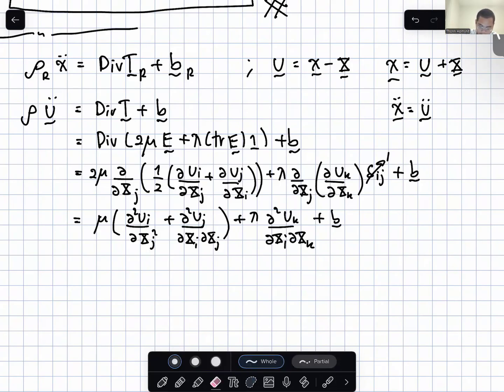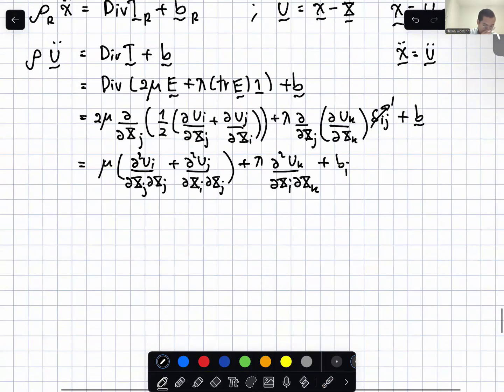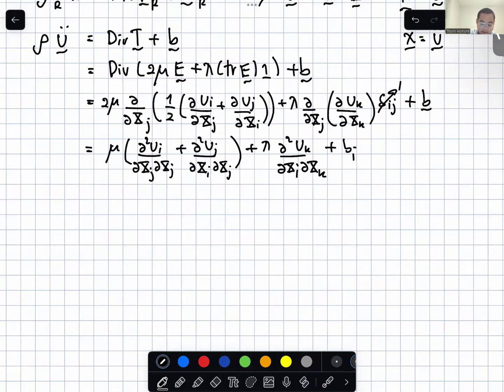So if I write it properly, xj occurs twice, so it's just a summation. So we know that all of these are the components of i. And the j and the k are just dummy indices, so I can just write it again as this one.